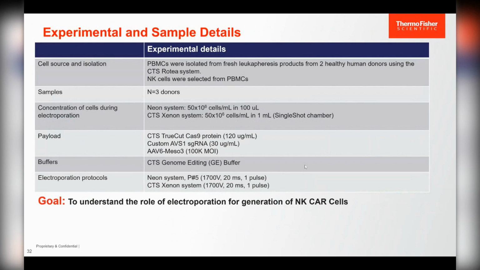Our payload is a true cut Cas9 protein, and we have the AAVS1 guide for knockout and AAV6 meso 3 to knock in here, and we use our CTS genome editing buffer. Both electroporation systems, Neon and Xenon, had the same parameters: 1700 volts, 20 milliseconds, and 1 pulse. Our goal was to understand the role of electroporation in generation of CAR NK cells.